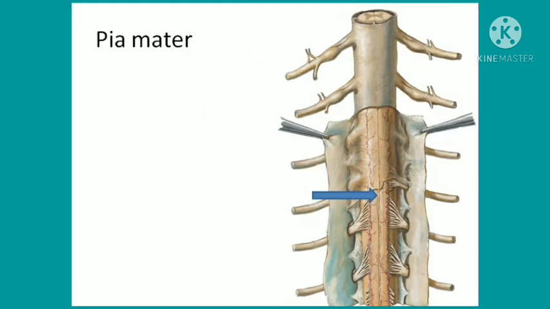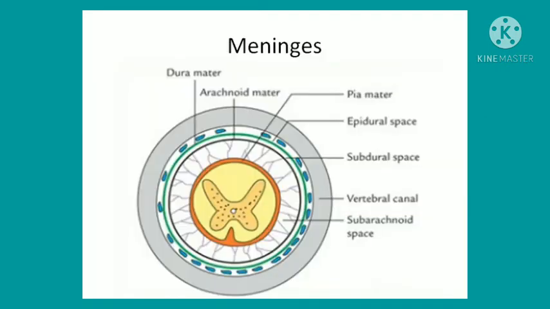Then the pia mater. The pia mater is a thin, highly vascular membrane that closely invests the spinal cord and continues below the spinal cord as a thin thread-like prolongation called filum terminale. The subarachnoid space between the pia mater and the arachnoid mater is filled with cerebrospinal fluid.